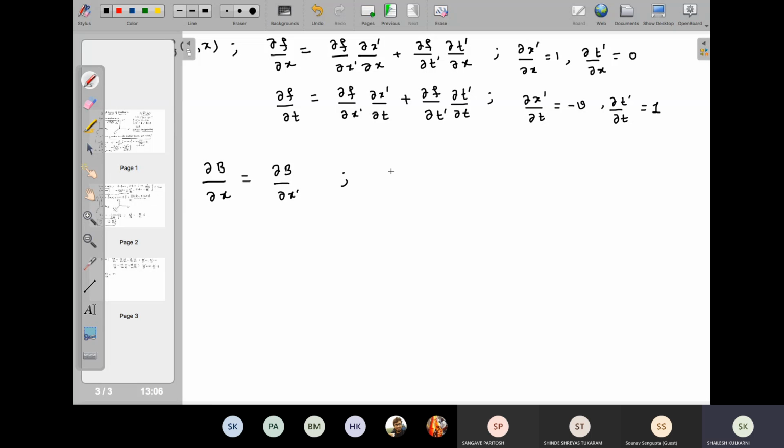And what will be your E? So del E by del t. These will still be functions of t and x. Here this B is still a function of t and x. I have just transformed partial derivatives. We don't know yet how this B is transformed, so the story is not complete yet.